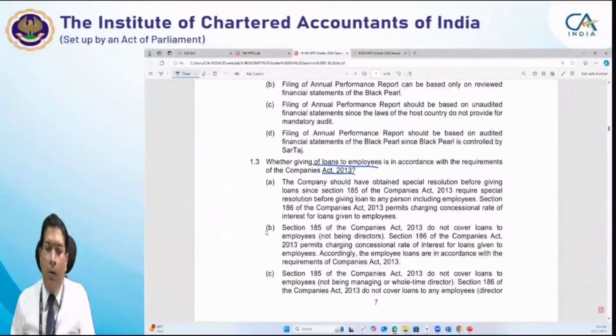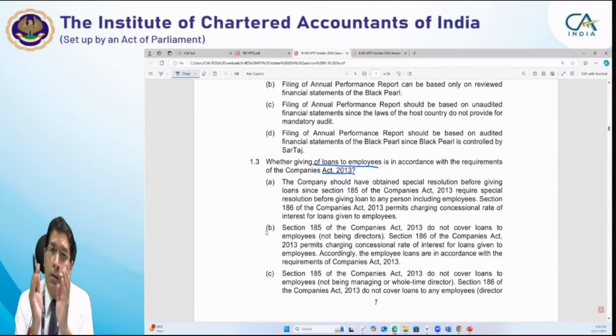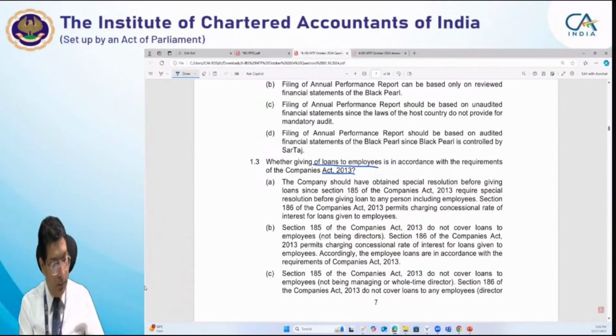Question number 1.3, MCQ number 1.3 says whether giving of loans to employees is in accordance with the requirements of Companies Act 2013.